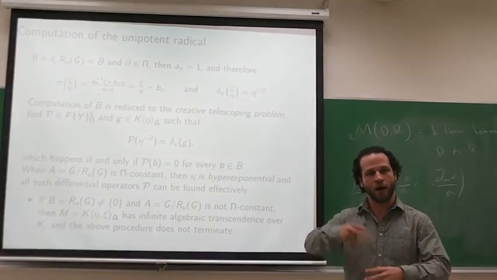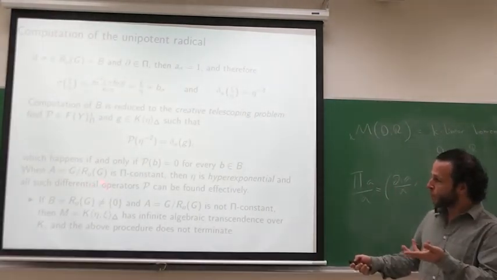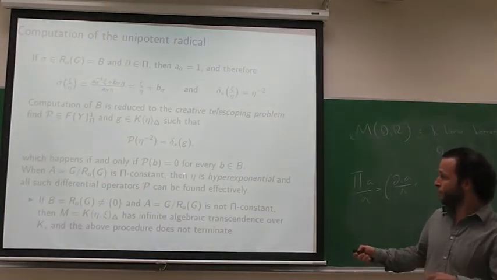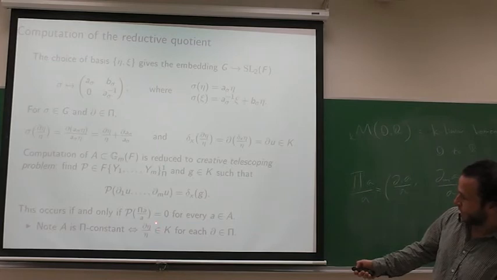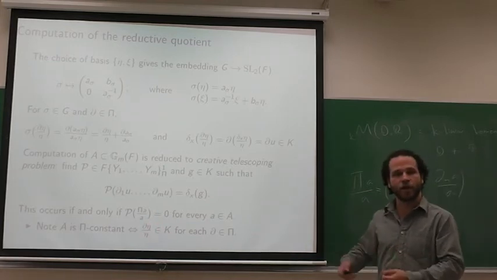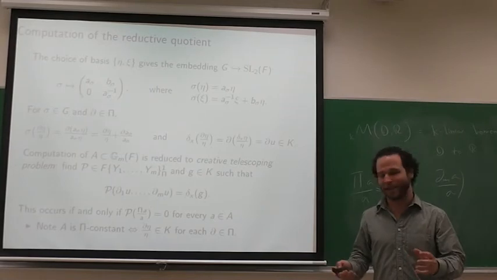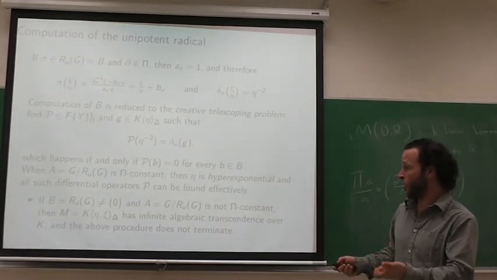And once you're done, you add more and you add more, but you never finish. So when A is pi constant, then eta, we saw before, like taking partial of eta over eta already stays in K, so you don't need to add anything else, just eta. And that's why you can compute it when A is pi constant.